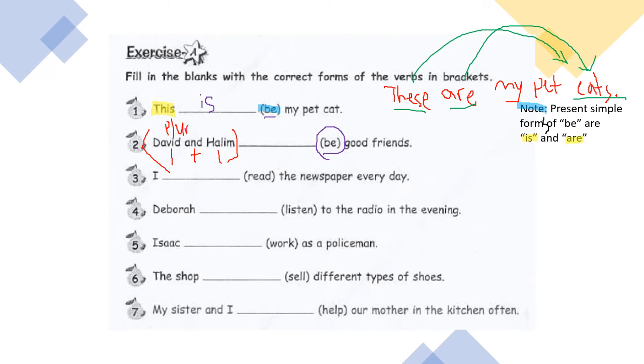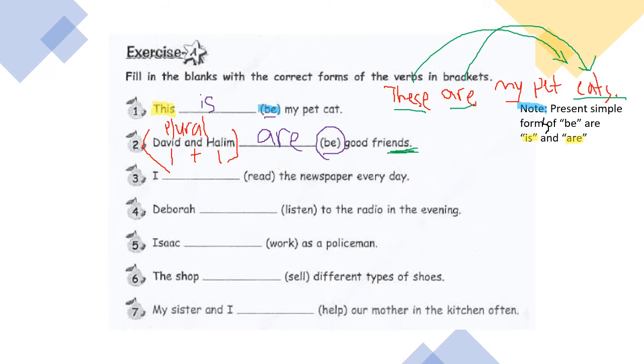Plural. So David and Halim are good friends. This one also must be plural. So the subject, verb, and object agree with each other.